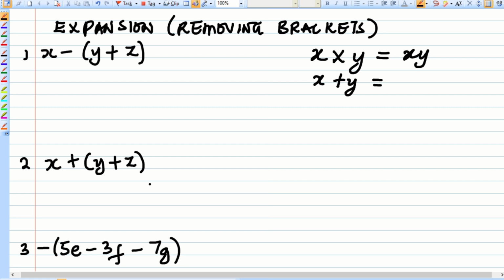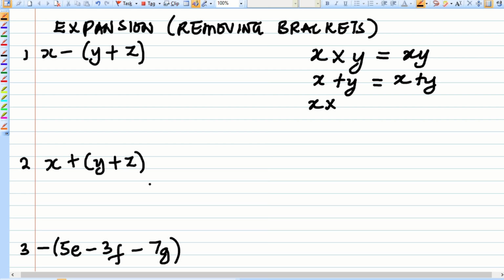Even though orange and pineapple are fruits, they are not the same fruit, so you can't count them together. I can't give you one orange and one pineapple and ask you how many oranges you have, and you say two oranges. It doesn't make sense. You have two fruits, but you still have just one orange and one pineapple. So x plus y is simply x plus y. We can't do anything about that.